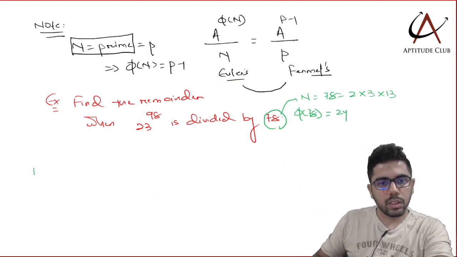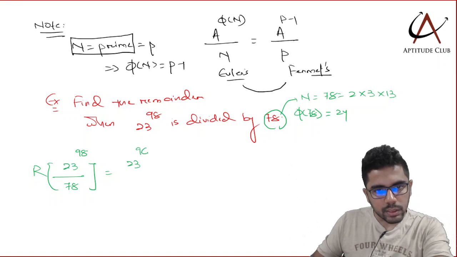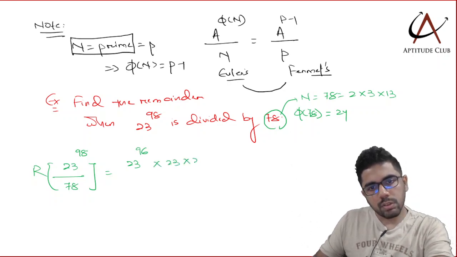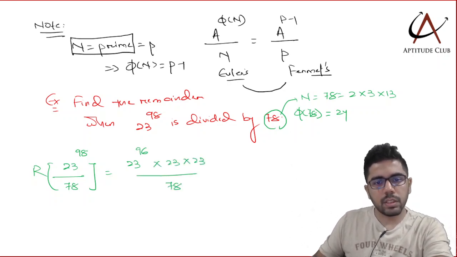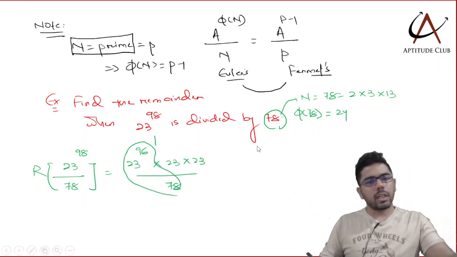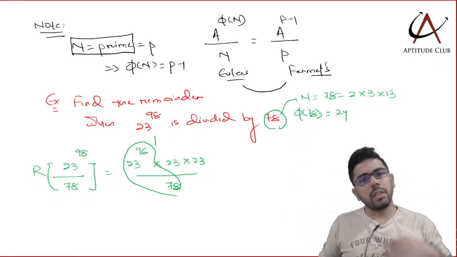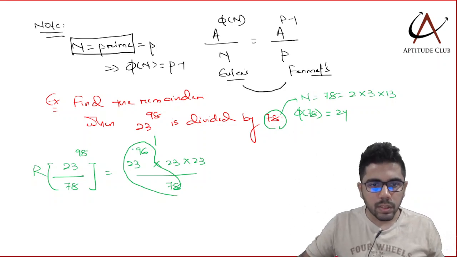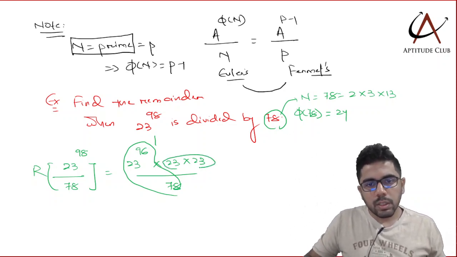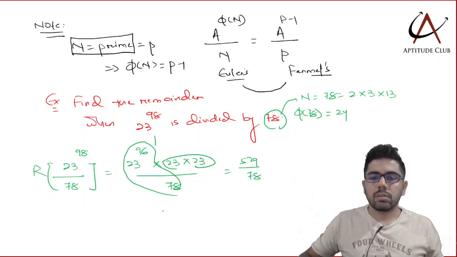Now just use this: remainder of 23 to the power 98 divided by 78. So you can write 23 to the power 96 into 23 divided by 78. Why did I write 96? Because अगर 24 में remainder 1 आएगा, 2 बार 24 लोगे तो 1 into 1, 3 बार लोगे तो 1 into 1 into 1. So any multiple of 24 also will give you remainder 1. तो यहाँ पे 1 आ गया. 23 into 23 is 529. 529 divided by 78 करोगे, फिर जो भी remainder आएगा.